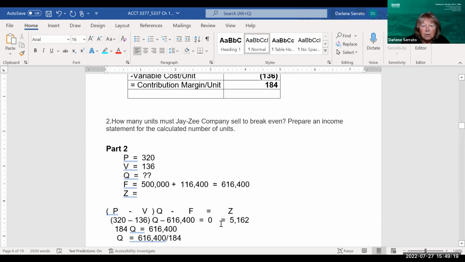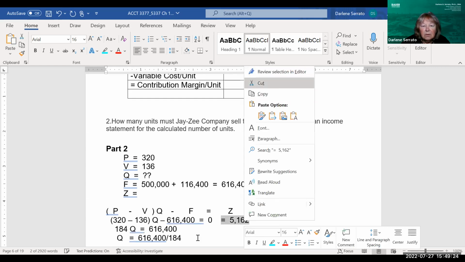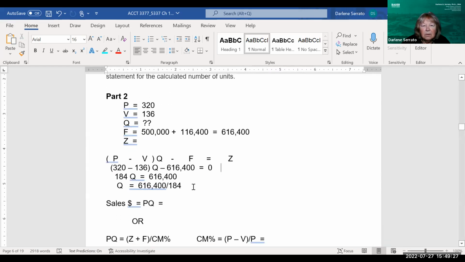Whoops, I didn't want to go up there. Okay. Now, if it asks for sales revenue, we've already solved for Q, so we can simply multiply by P, which is 320. So 320 times 5,162 equals in dollars.